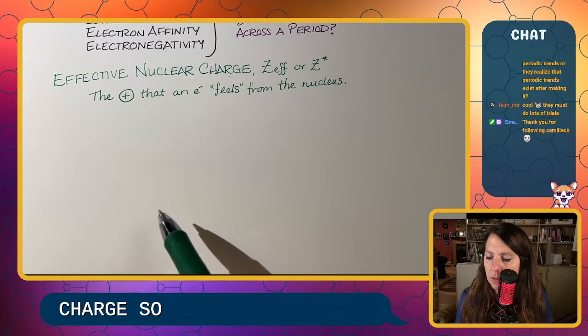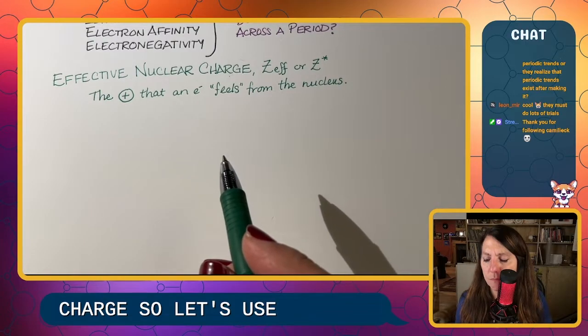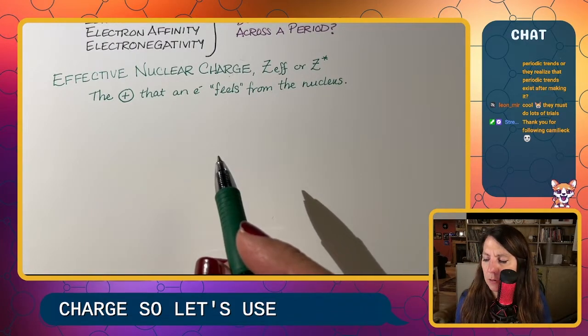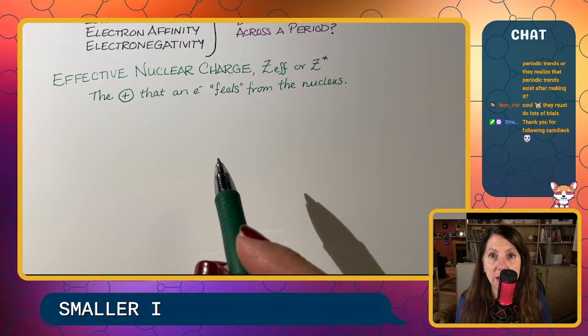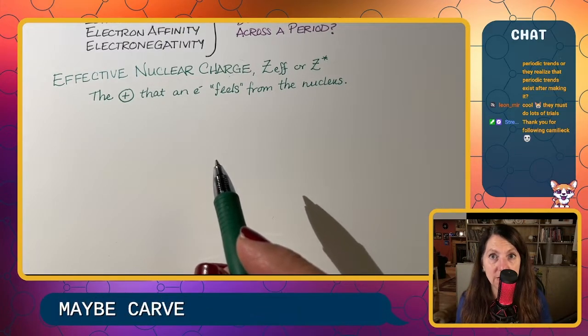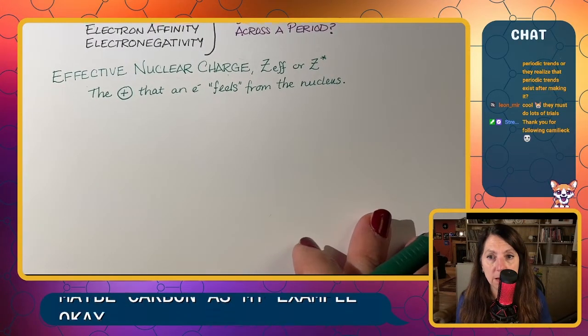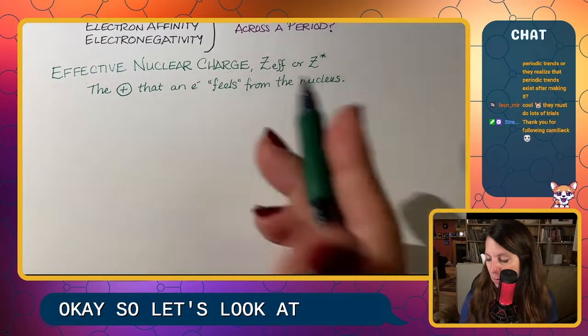So let's use a smaller atom. I'm thinking maybe carbon as an example. Okay, so let's look at carbon.